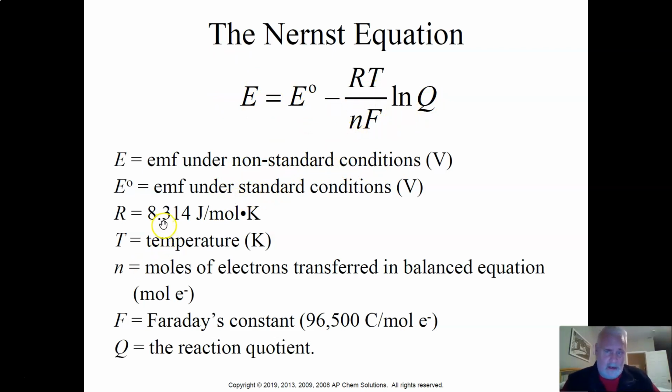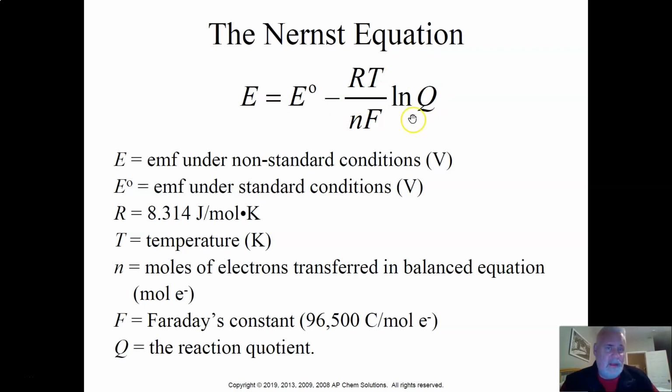Okay, so if you wanted to look at the EMF under non-standard conditions and actually calculate that, you're going to use R in joules per mole, temperature in Kelvin, moles of electrons transferred. That should sound familiar. And then we're going to throw in Faraday's constant as well. And this, as you can see, takes into account, we showed the relationship of equilibrium to the E0.